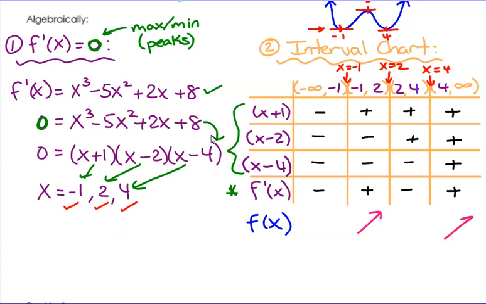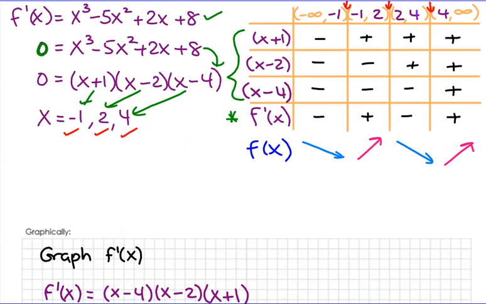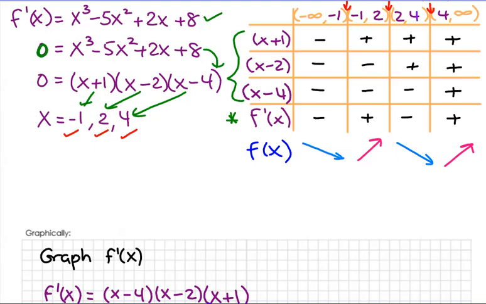It's also going to be increasing from 4 to infinity. But it's going to be decreasing from negative infinity to negative 1, and then also decreasing from 2 to 4. Okay? And we can write all of that down because we should probably put the increasing and decreasing. So I'm going to write that again. Therefore, it's going to be increasing.